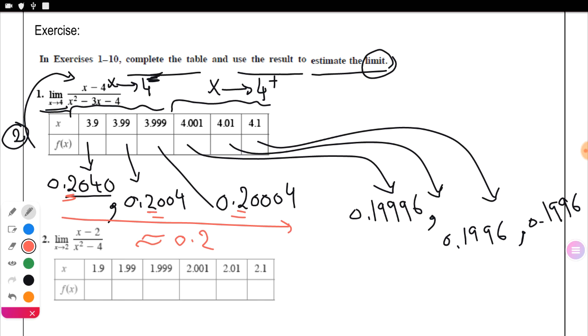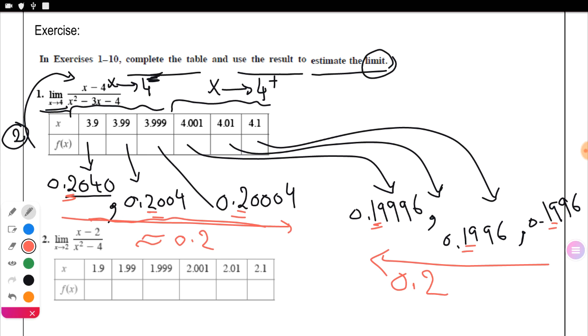All of them are approximately 0.2. That's right. In this case, as I round the left result to the nearest tenth, it will be 0.2.